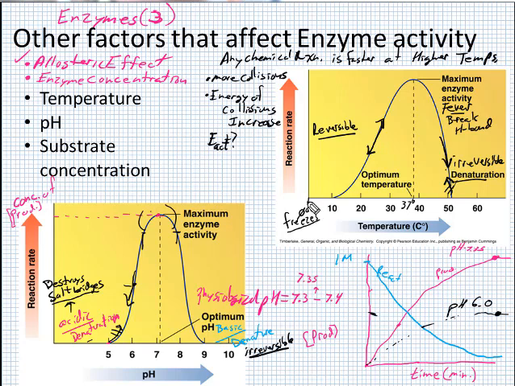Once that solution freezes, the ice crystals that form denature the protein or the enzyme. So you can get it cold, but if it freezes, you're going to lose some enzyme activity. So there are certain things that chemists will do to keep it cold, maybe even around 0 degrees, but don't let these ice crystals form. And again, that's beyond the scope here.